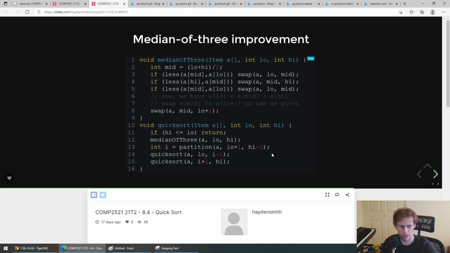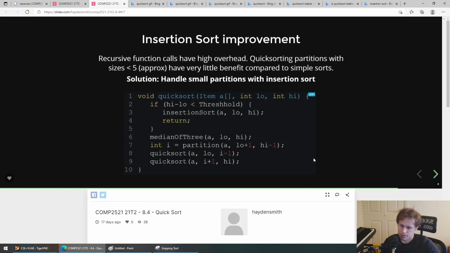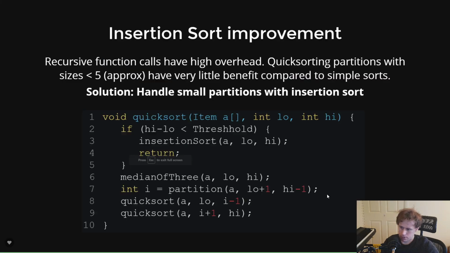Like a lot of code, we can't spend the whole course with me just dictating code to you. The last comment before the end of this one, and we'll take a break, is one thing you can do with quicksort. As we've said, recursive calls have high overhead, and generally speaking, quick sorting a really small list is not going to save you much time, right?